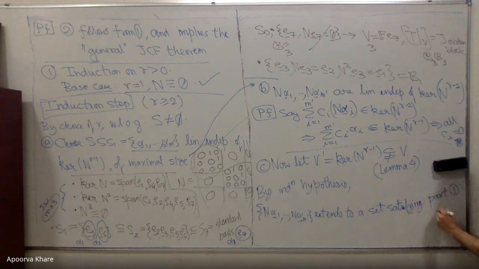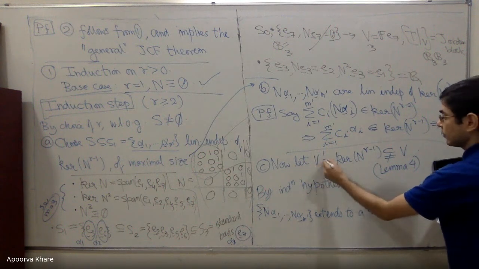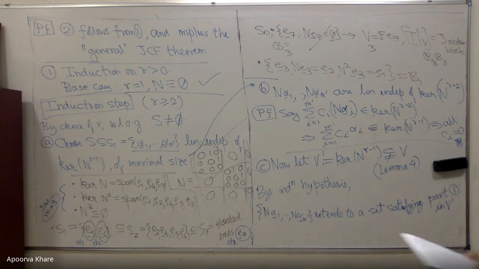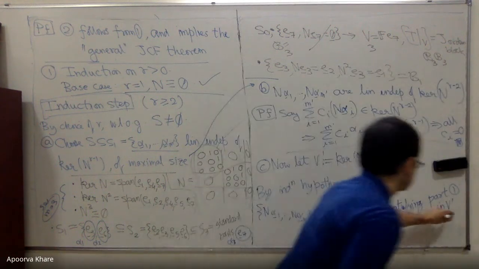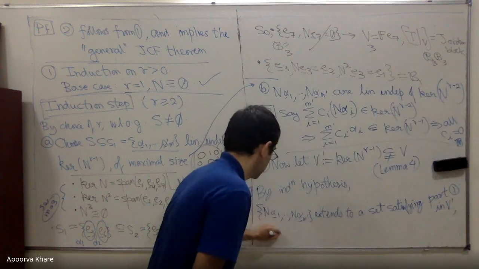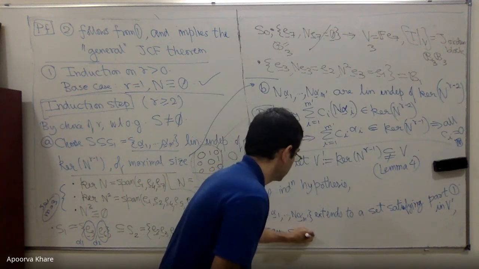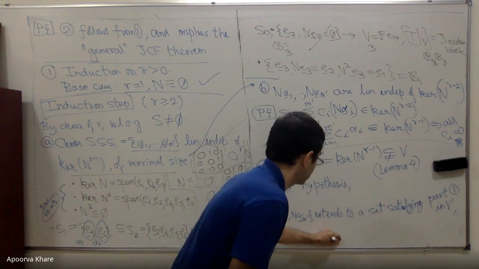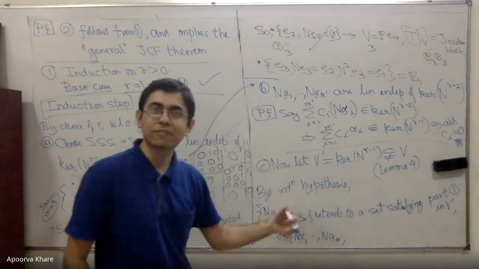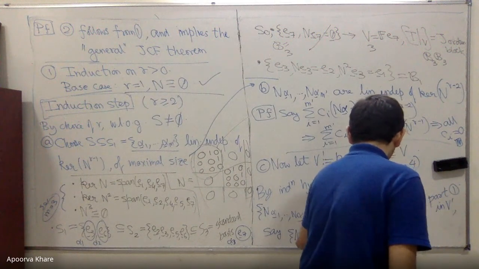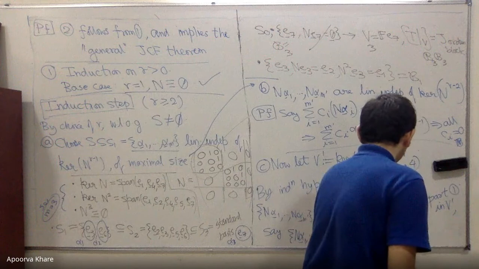But of course, it satisfies part 1 not in the full space V, but in the space V prime. I should give this a definition. Let's give it a name. Now you will see why the choices were made. N alpha 1 through n alpha n prime, and the remaining ones I'm going to call alpha m prime plus 1, alpha m prime plus 2, and so on up to alpha m.